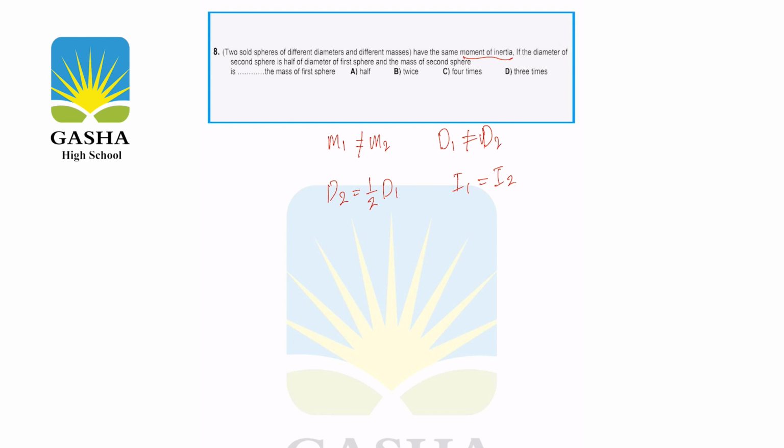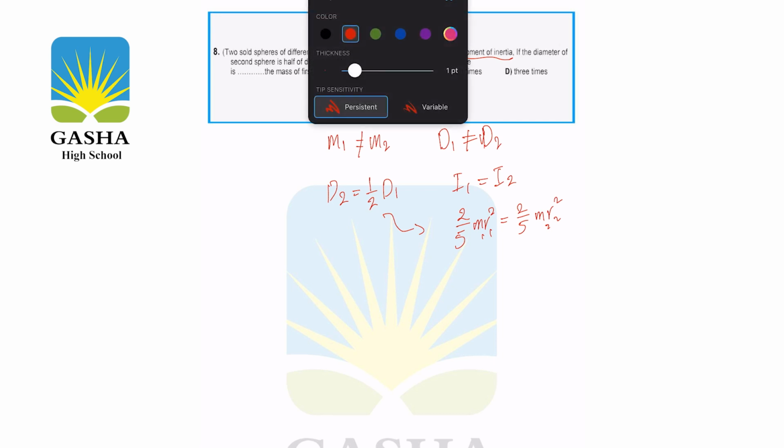We already know that the moment of inertia of a solid ball is 2 over 5 mr squared. That's for the second ball and that's for the first ball. We can substitute the value of diameter here, but since we have a diameter and here we have a radius, we can convert the value into radius.